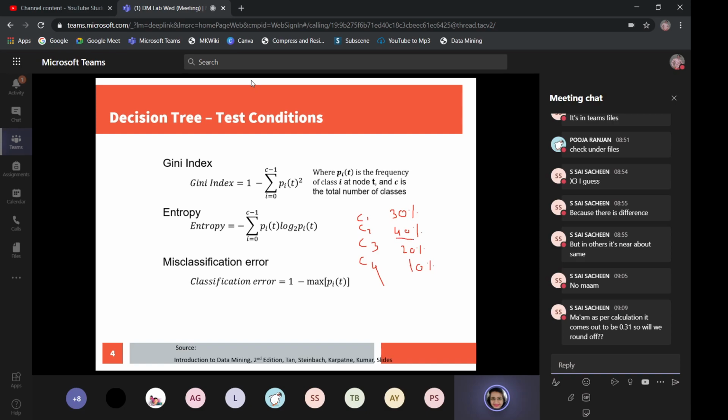So this is the class it will finally predict, because it is saying, I am most confident about this, and the classification error will be 1 minus 40%, in this case 60%. Anyways, we will not talk about classification error much now. Our focus will be on Gini index and entropy.